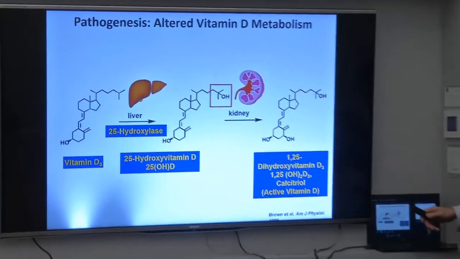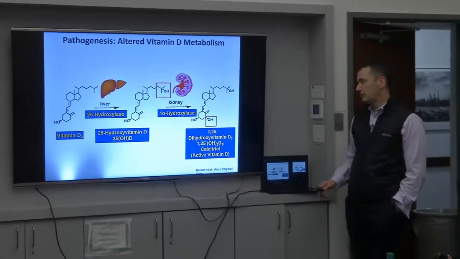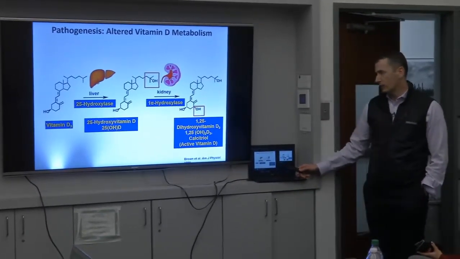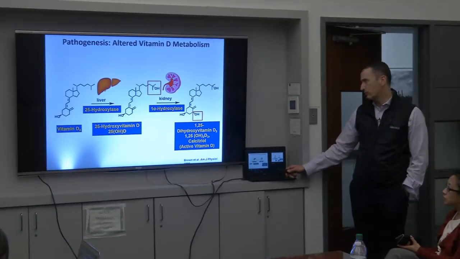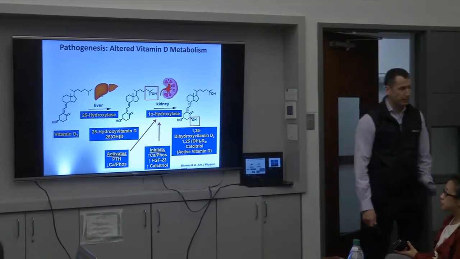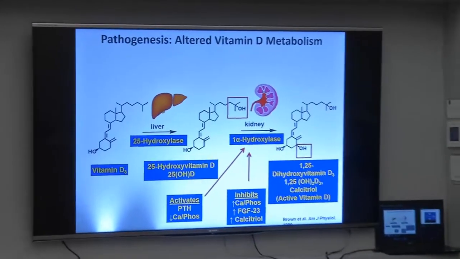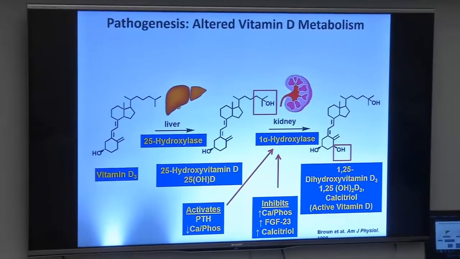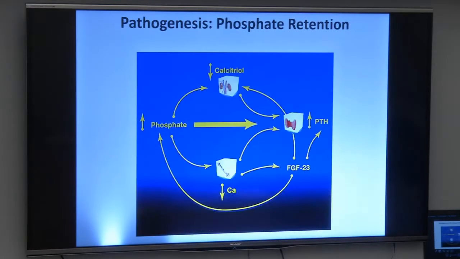So 1-alpha hydroxylase converts 25D to its active form. I'll refer to that during this talk as either active vitamin D, calcitriol, or 1,25D3. And since 1-alpha hydroxylase is the main rate-limiting enzyme here, this is the one that's highly regulated by the actions of parathyroid hormone, calcium, phosphorus, and very importantly by FGF23, which is a negative inhibitor of 1-alpha hydroxylase.